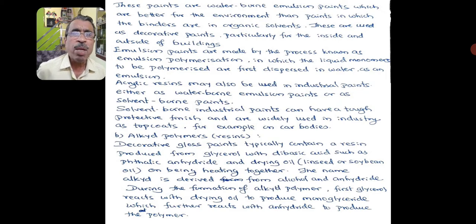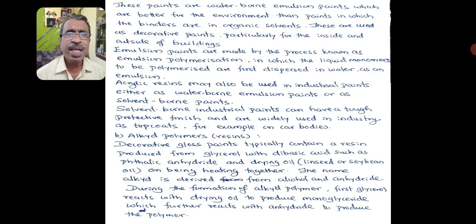The alkyd polymers are also used in decorative gloss paints. They typically contain a resin produced from glycerol with a dibasic acid such as phthalic anhydride, and a drying oil such as linseed oil or soybean oil, on being heated together.